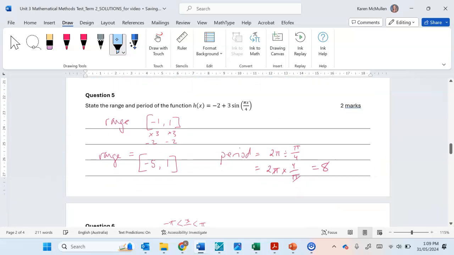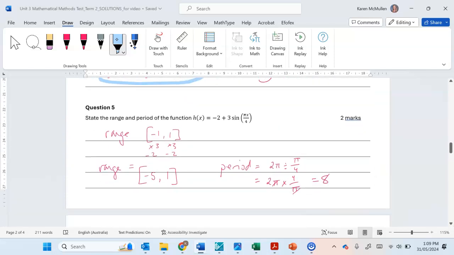All right, question number 5. So this was done really well. The range of a sine or a cosine graph is usually negative 1 to 1. So just think about the transformations that are happening to your y coordinate. We've got the 3, which changes your dilation factor, and it's also your amplitude.